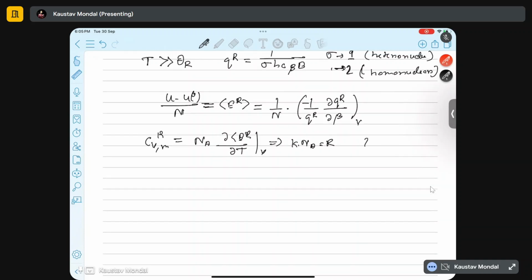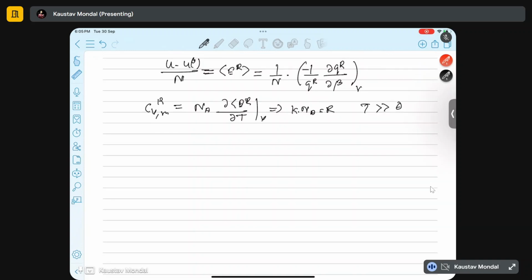That is the case for T greater than theta. If T is not greater than theta, then the ER expression will take a very complex equation, with e to the power 2 beta hcB in the numerator, and in the denominator terms like e to the power minus 2 beta hcB. So this takes a very cumbersome energy expression.